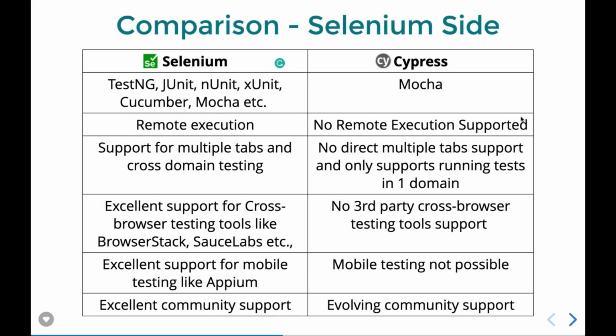And then comes multiple tabs and cross-domain testing. From the Selenium perspective, it is absolutely possible to execute your test cases with multiple tabs. But from the Cypress perspective, there is no direct multiple tab support because they personally think that the entire scope of your application should reside only within that particular tab which you have opened. And ultimately, that is how an application should also be built.